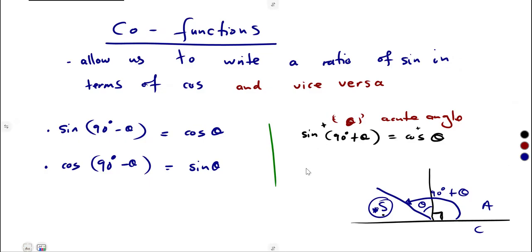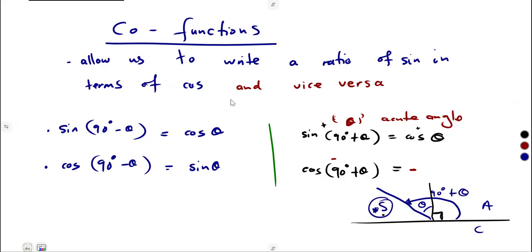But when it is cos of 90 degrees plus theta, because the quadrant where it lies is the second quadrant, which is the quadrant of sine, cos is what there? Cos is negative. The answer to the whole of this, if you simplify, gives you a negative answer. So it must be negative.